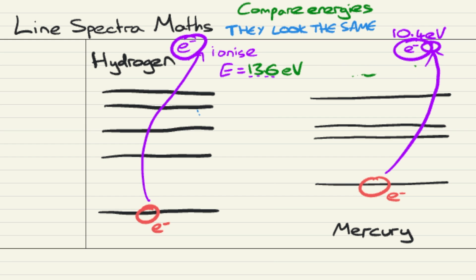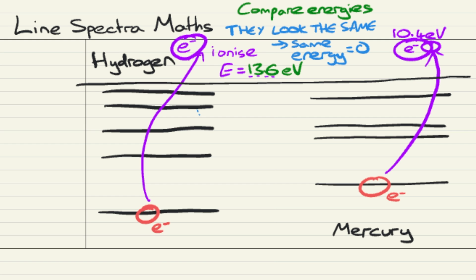So we now have 2 electrons that have been freed from their atoms. How much energy do they have? Well, we need a baseline really, and the easiest baseline is 0. So we say that at ionization, which is where both of these electrons are, the electron has 0 energy. I'll label that here, 0 electron volts.